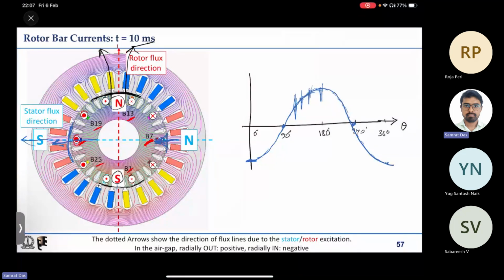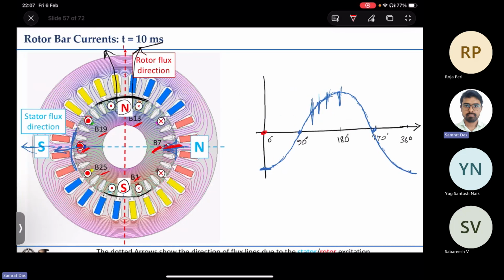Now if I try to draw the same for the rotor, at 0 degree we have 0, at 90 degree the rotor flux is radially outward, so we have to assign a positive sign to it. Again at 180 degree we have 0, at 270 degree we assign a negative sign, and at 360 degree again 0.